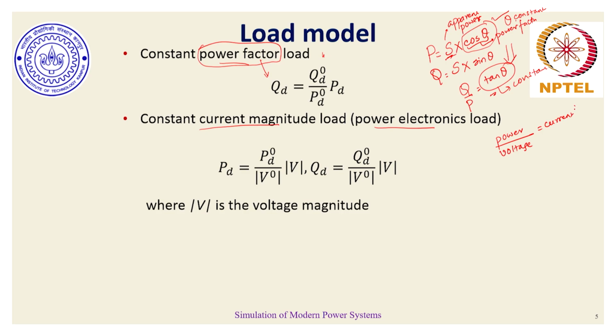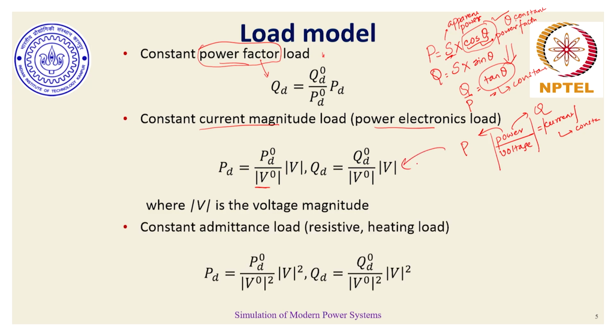So, if I have to maintain the current magnitude constant, I have to maintain the ratio of power by voltage. Respectively, if I represent P as real power, Q as reactive power, and V naught as the rated base condition voltage, then from this relationship we get our constant current magnitude load.